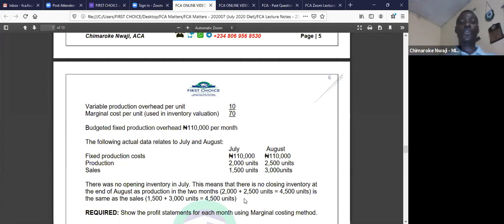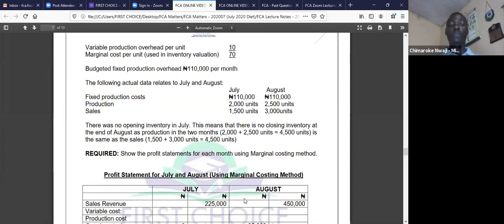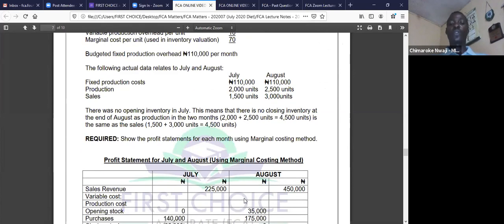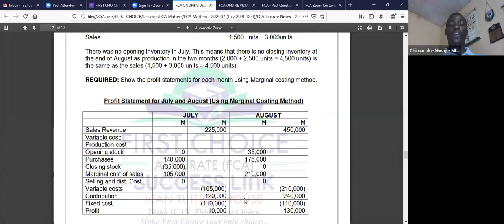So required, show the profit statement for each month using marginal costing method. So we're going to show the profit for each month. There are 2 ways we can do it. We can do the columnar method, which I decide to use because of space in the book, but you can also do them one by one. So I'll be explaining them one by one, but we can do them in columnar form.